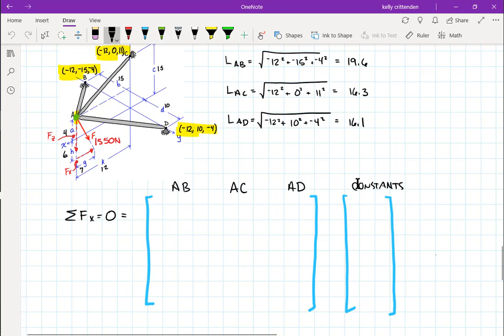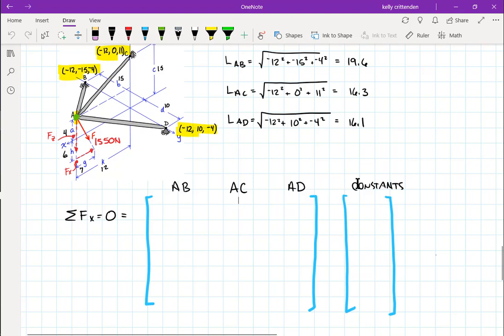All right, so what I want in here is the coefficient that goes with the magnitude AB. There's AB already outside the matrix, and what coefficient goes with that to create the x component of AB? It's going to be the cosine of theta x for strut AB.